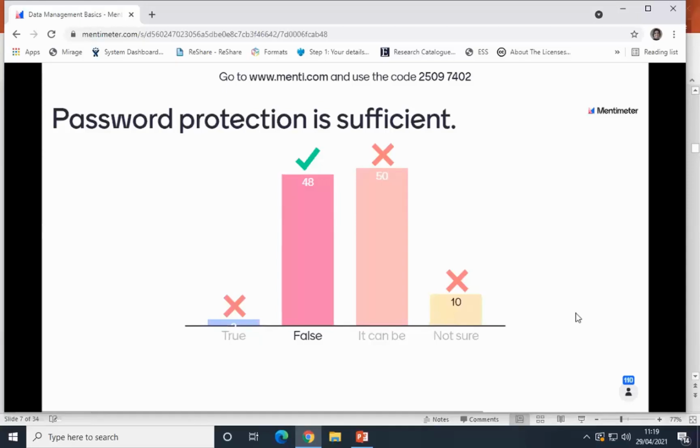If I were to leave my laptop on a train, that wouldn't preclude someone from accessing it, because if you remove the hard drive, then you can easily access the files. So that is why password protection is not sufficient.